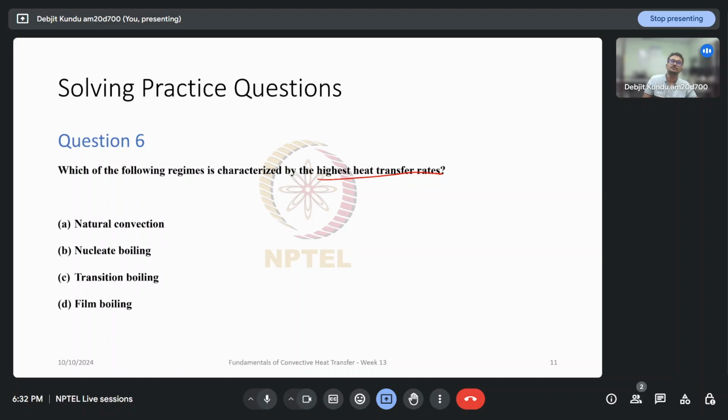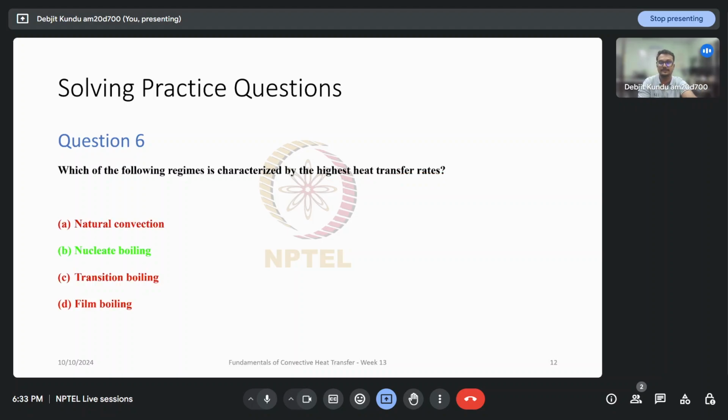We saw the plot of how heat transfer rate varies with excess temperature delta T, and this question asks which regime is associated with the highest rate of heat transfer.